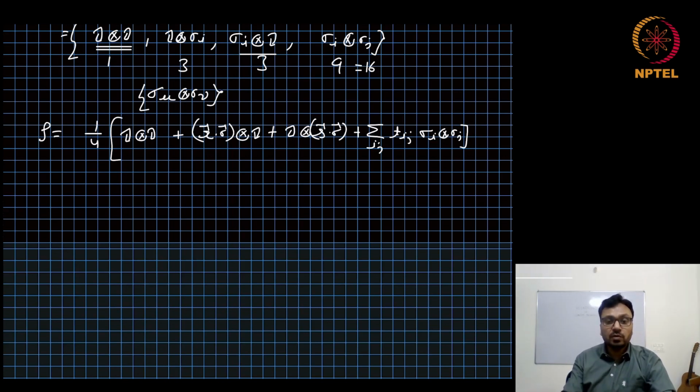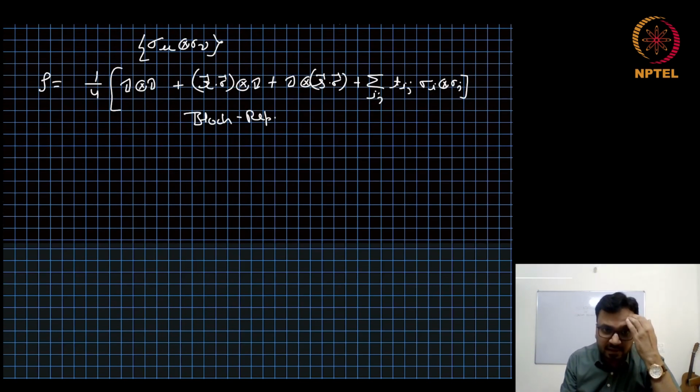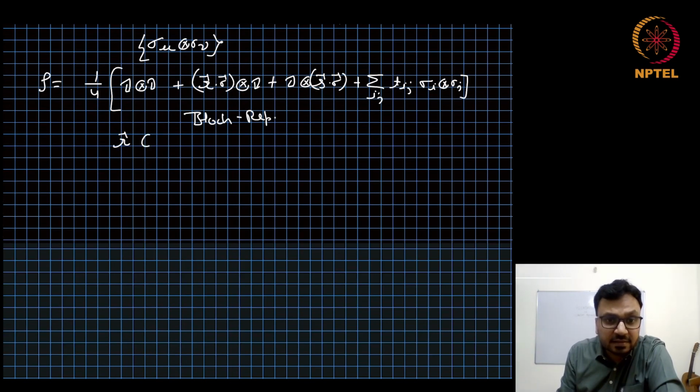So this is called the Bloch representation of a two-qubit system. Here, the r vector is a three-dimensional real vector, the s vector is a three-dimensional real vector, and t_ij are the elements of a 3 by 3 real matrix.